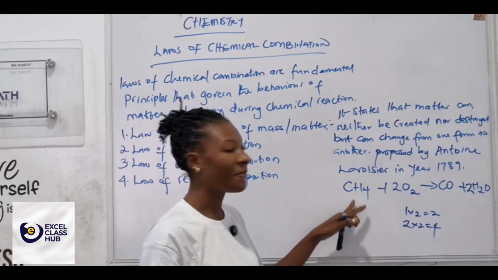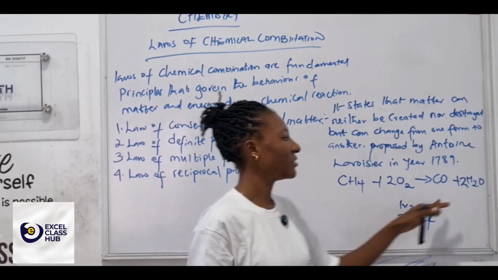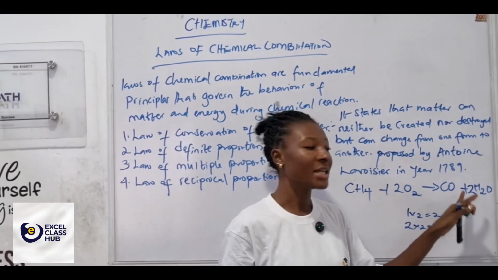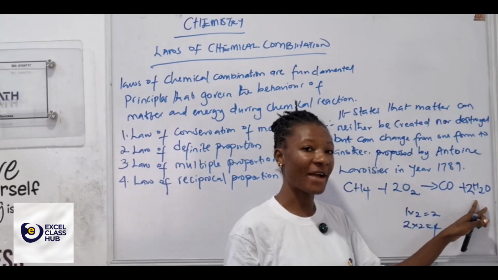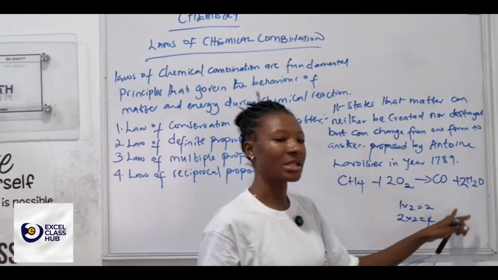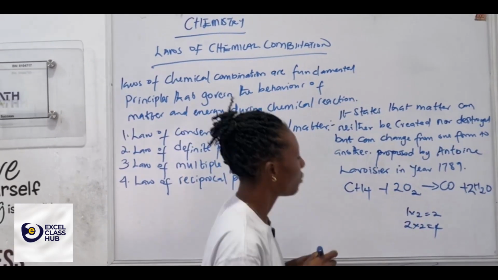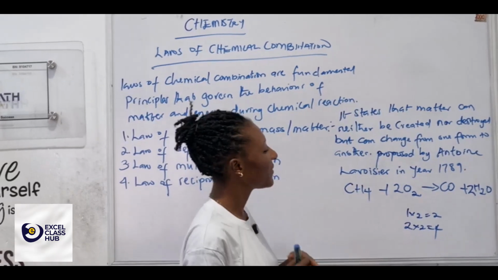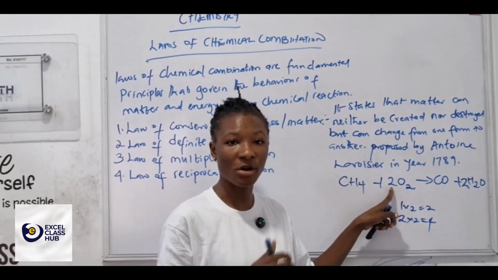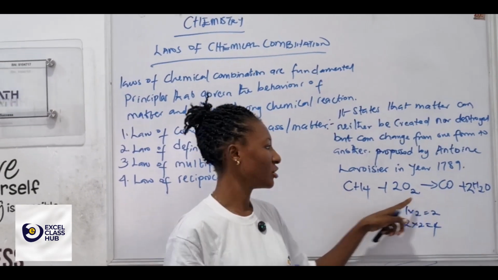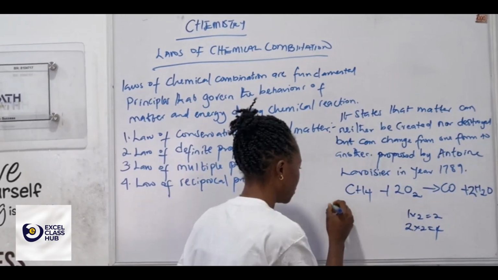On the left hand side, we have 4 atoms of hydrogen, and on the right hand side, we have 2 moles times 2 atoms of hydrogen to give us 4. Hydrogen is now balanced. Let's move to oxygen. On the left hand side, we have 2 moles of oxygen and 2 atoms of oxygen to give us 4 oxygen in total.